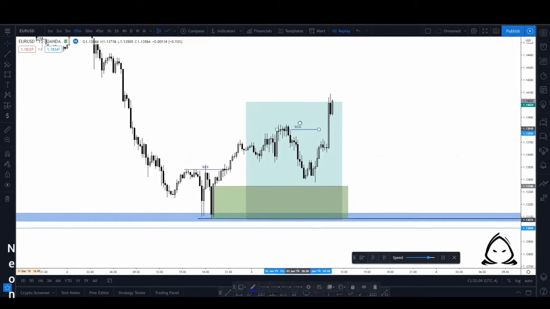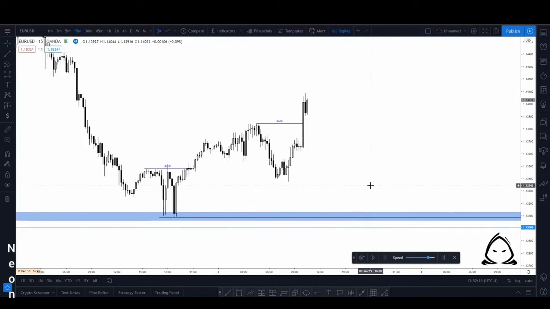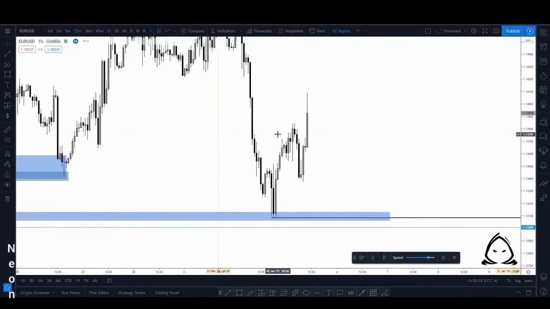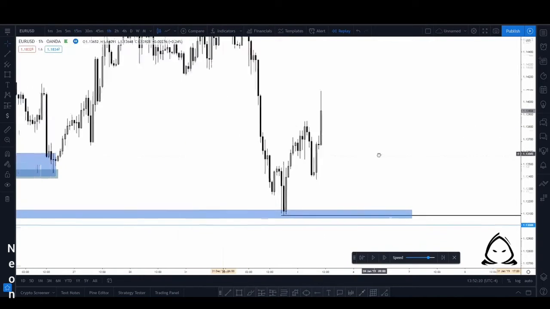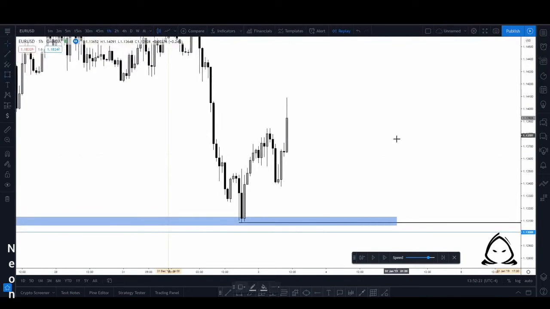And what we can see now is, if I just mark on this little bit of structure right here, we have another break of structure, so we can close off this order for the time being and just look overall. If we go back to the hourly chart, we can see we've also broken structure. And if we look on the hourly first and foremost, we will identify a 1 hour point of interest.